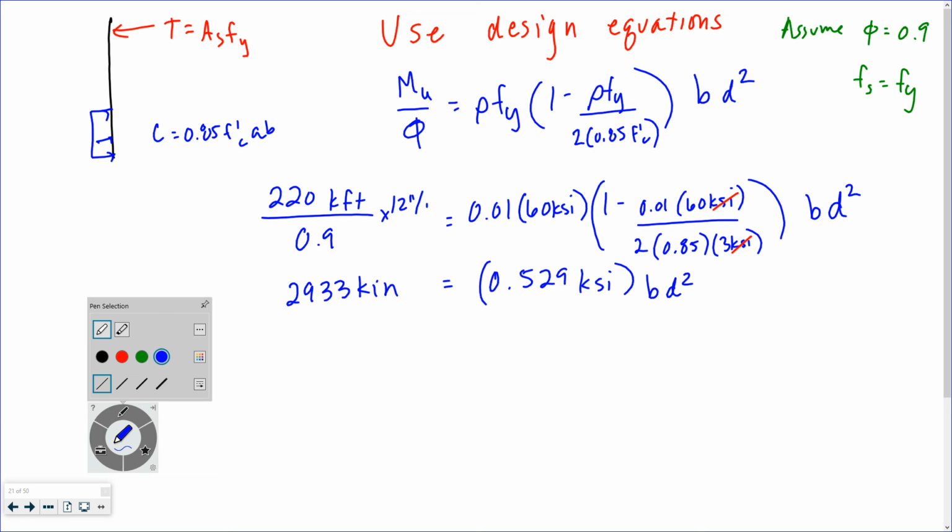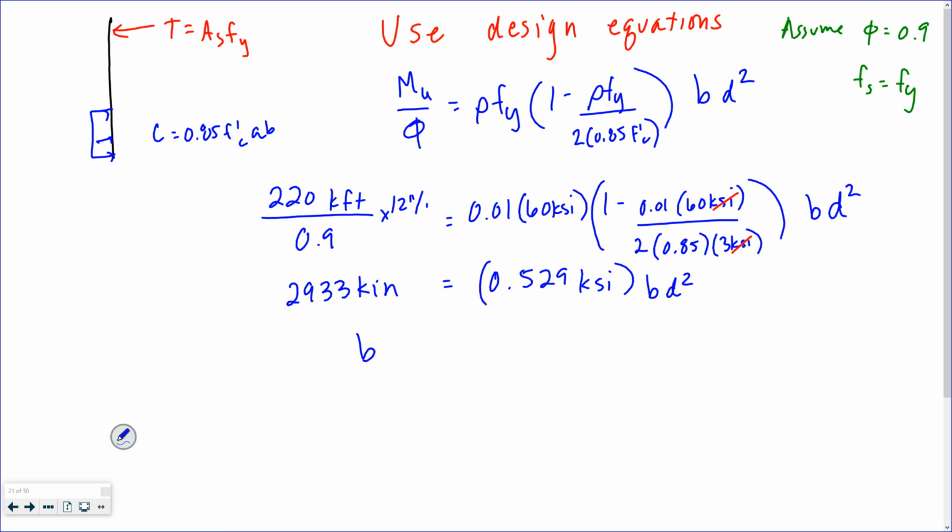BD squared. So I'm going to flip it, but BD squared is going to be a target. Now these are just using these equations to come up with estimates, right? 2,933 kip inches over 0.529 KSI.